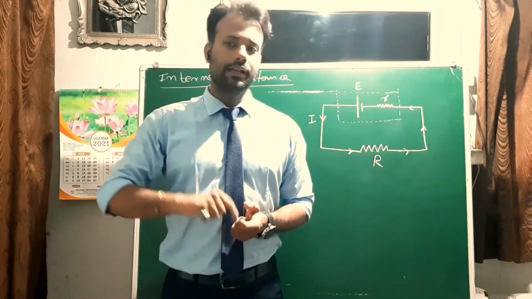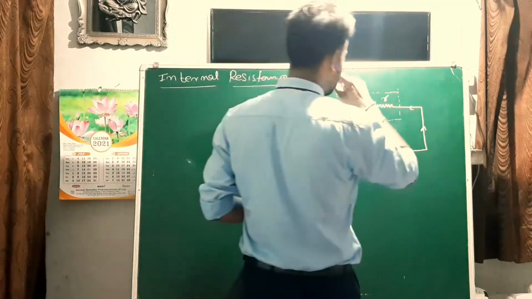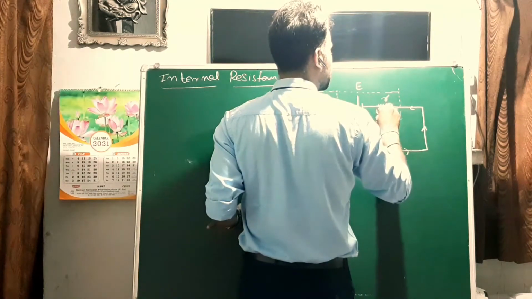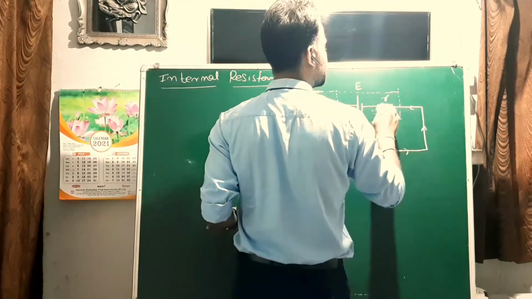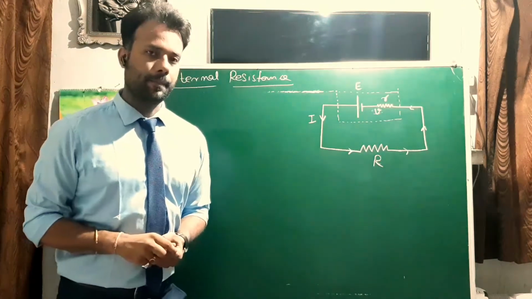And hence the energy per unit charge will be equal to potential. So here, the potential drop across the small resistance is, let's say, V.